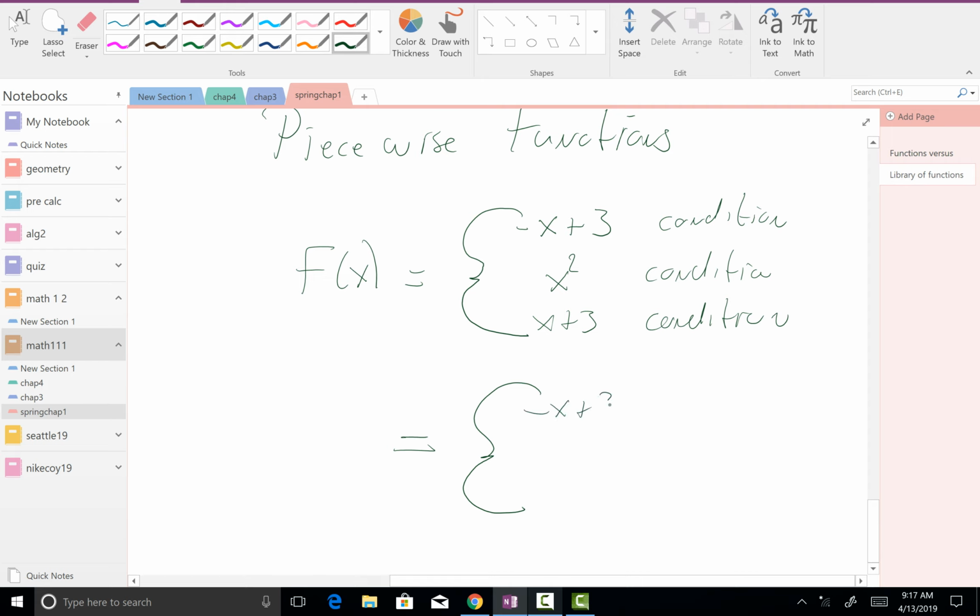So it might look like this. So let's say that this part of the function occurs when x is less than or equal to negative 2. Then it does this part for values between negative 2 and 2. And then it does this part for values where x is greater than or equal to 2. Okay, so it has a function part. These are the pieces. All right. These are the conditions that the function is defined by.